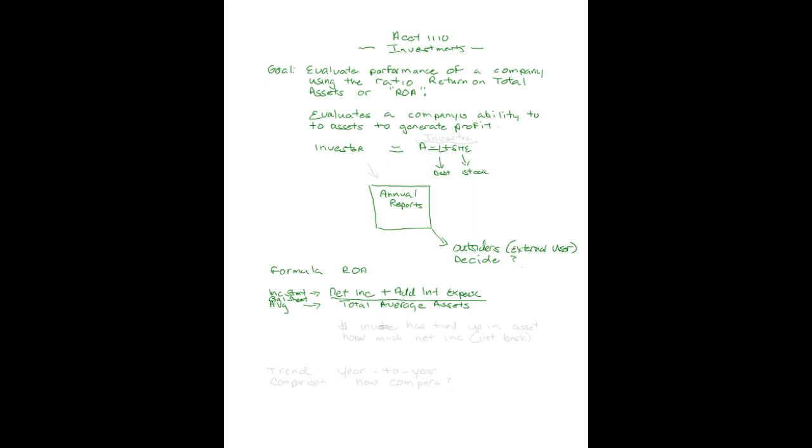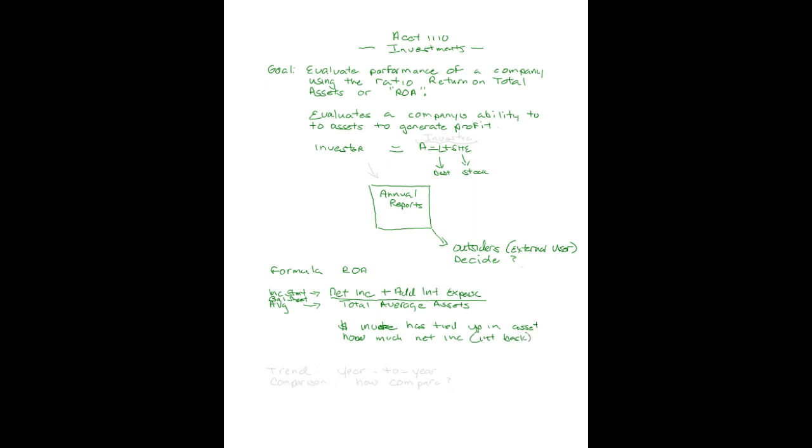And what that tells you is that for every dollar that your investee has tied up in total assets, how much net income, with interest added back, per dollar.